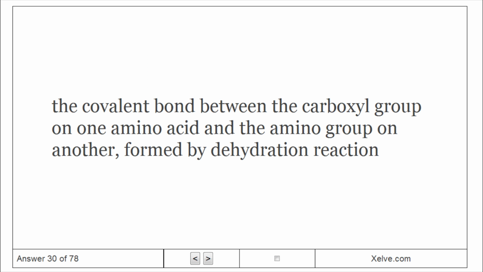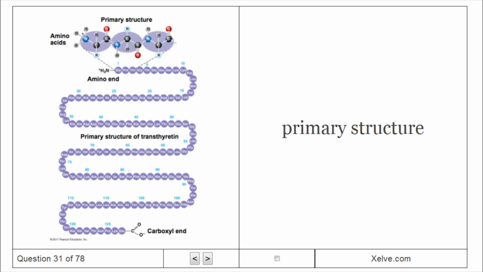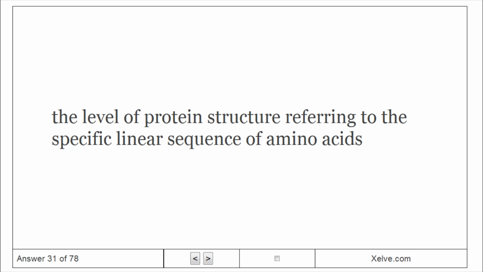The covalent bond between the carboxyl group on one amino acid and the amino group on another, formed by dehydration reaction. Primary structure. The level of protein structure referring to the specific linear sequence of amino acids.